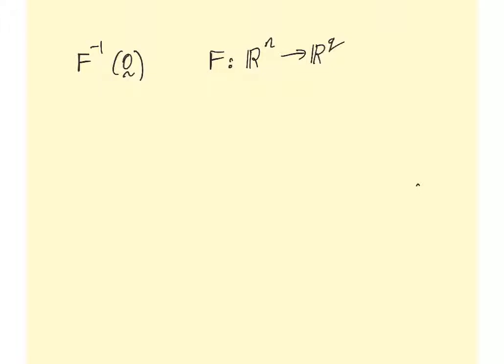And again, of course, f should be smooth. So all the q component functions must be smooth functions of the variables in Rn. But again, there's a regularity condition. And that's on the derivative matrix.